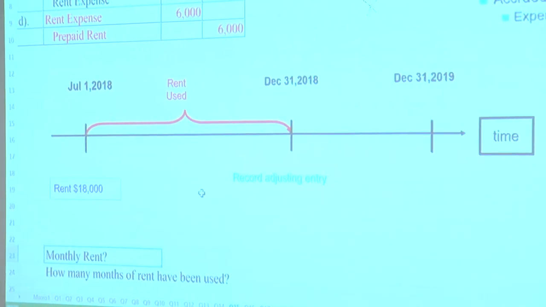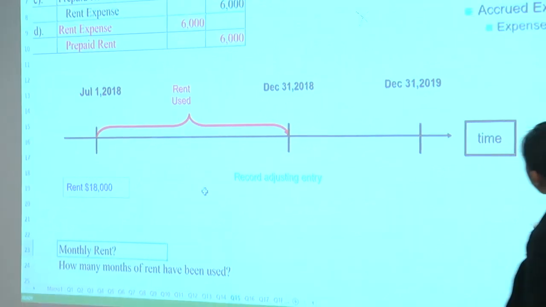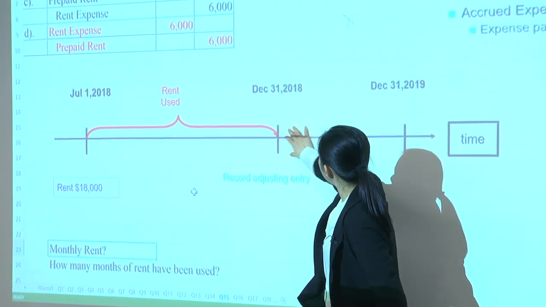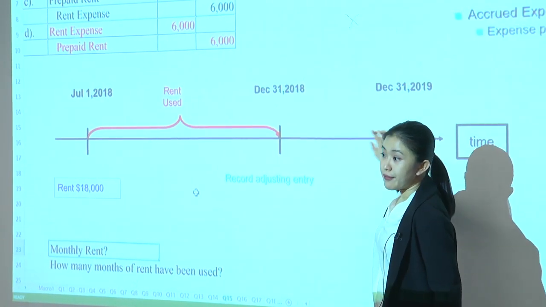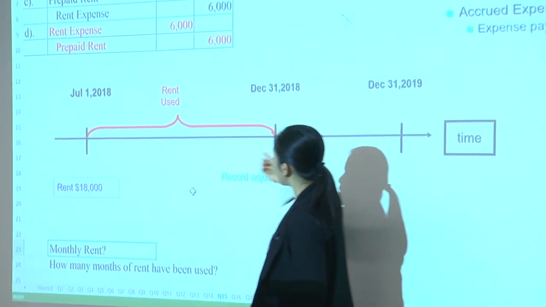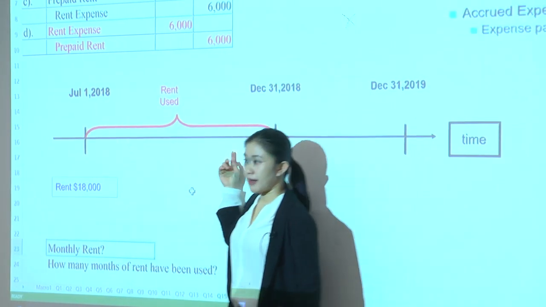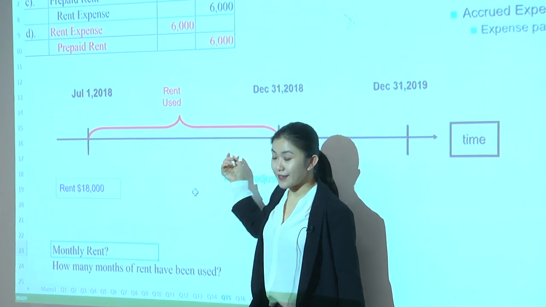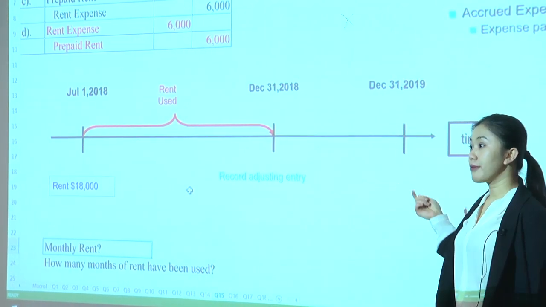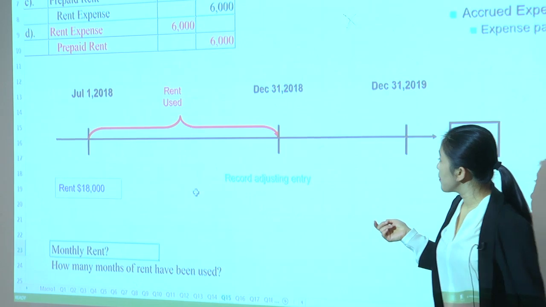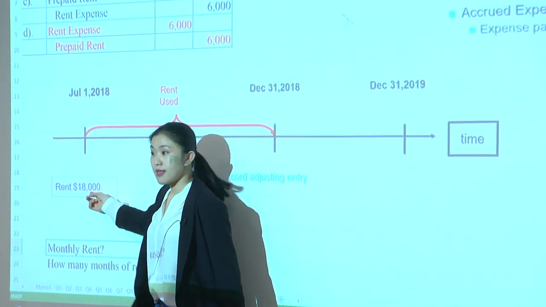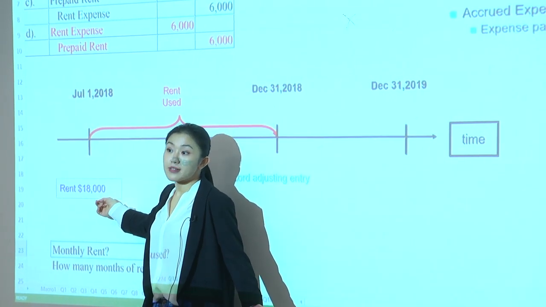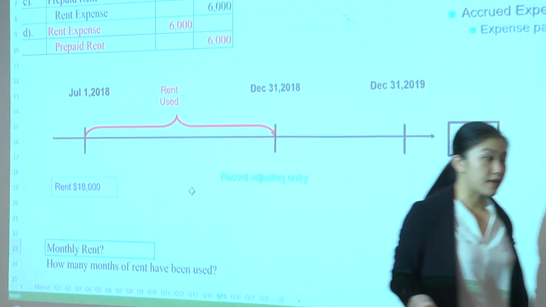This is from July 1st to December 31st. This one is good, 12 months, right, from December to December. How about here, from July to December? How many? 6, very good. So we have 12 plus 6, 18 months. And we pay a total of $18,000. Well, it's easy, $1,000 per month as the rent.